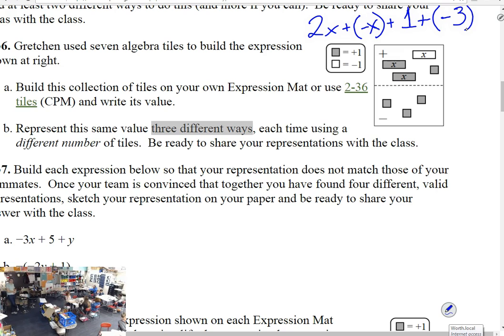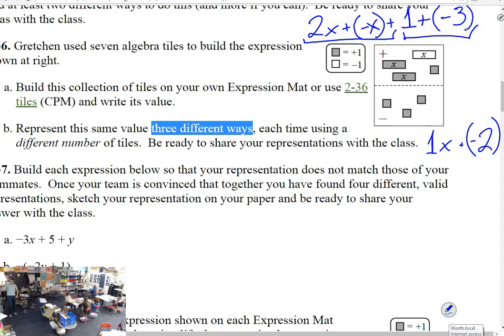If I start to simplify combine, Annie? You could combine 2x and negative x making 1x, and 1 and -3 is -2, so you would end up with x minus 2. So we have 1x and a -2.